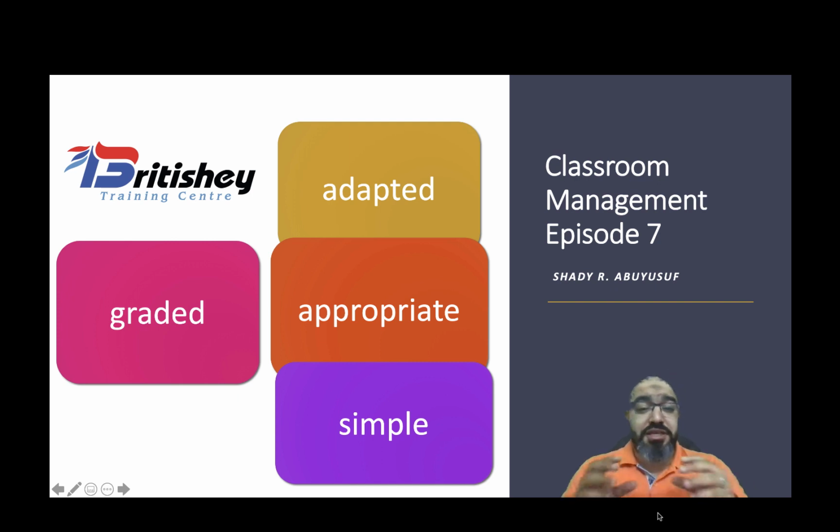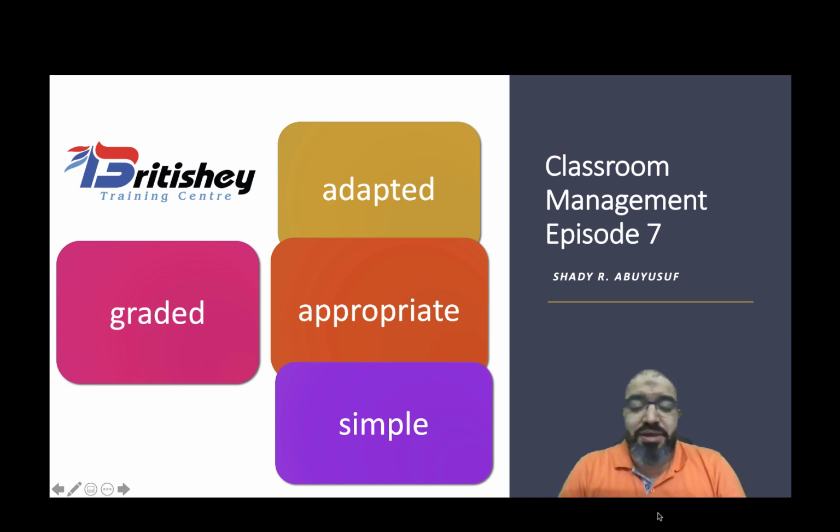And also, keep your grammatical structure simple in the classroom. So when you want your students to be on a page in the course book, you say, go to page number 5, open your course book and go to page 3, 4.